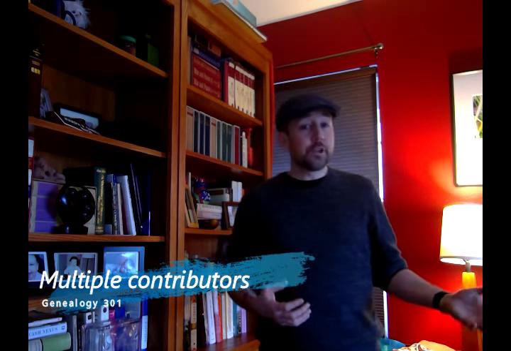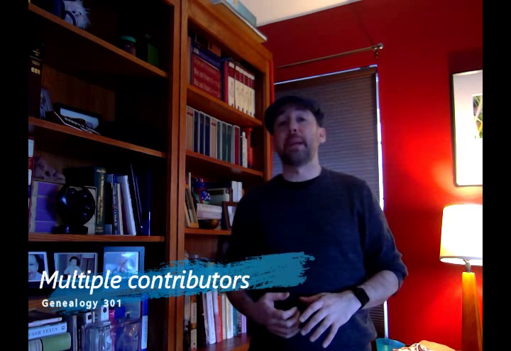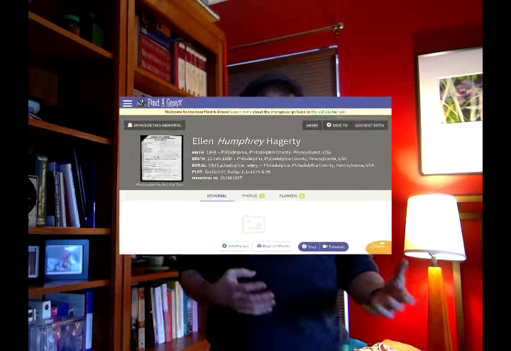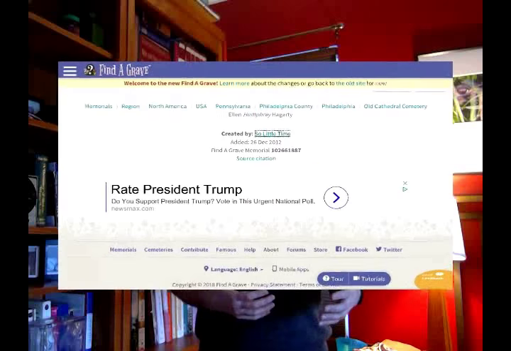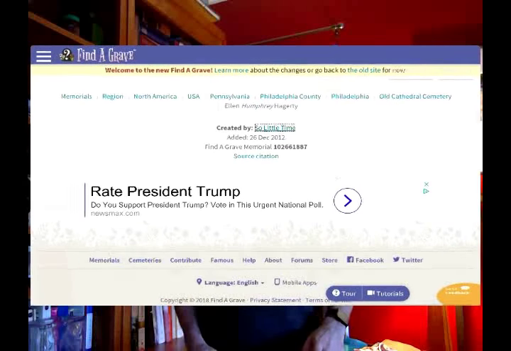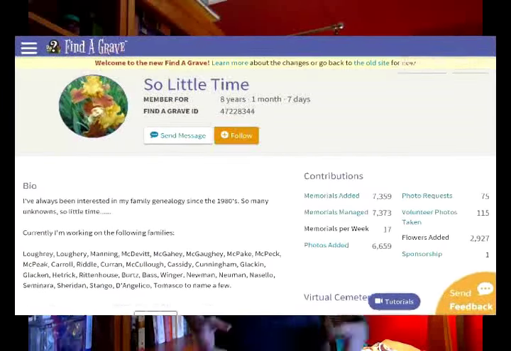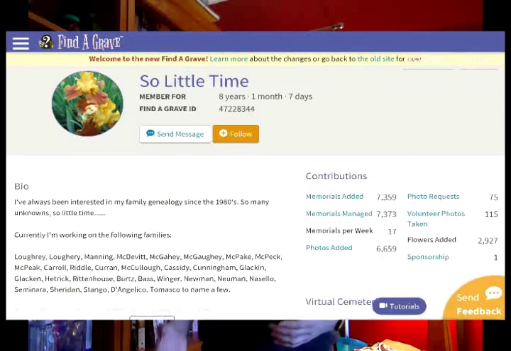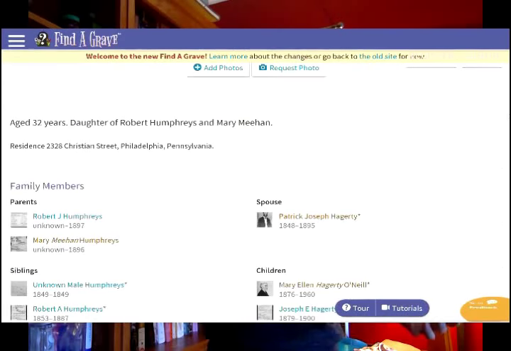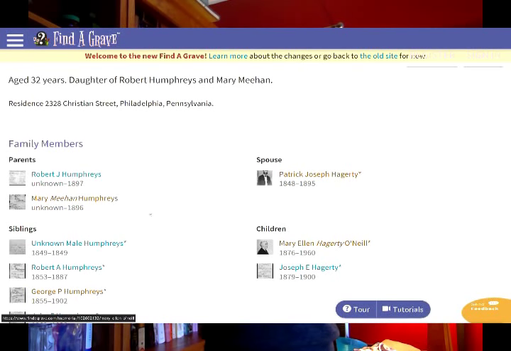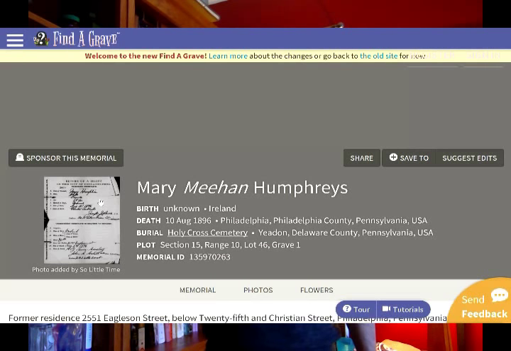That said, other users can contribute additional information to these entries, and there's no way to look at what's changed over time. Consider the memorial for Helen Haggerty, formerly Humphreys, that was created by the user So Little Time. This user has added nearly 8,000 memorials, most from Chicago and Philadelphia area cemeteries. But someone, in this case me, suggested some changes to the memorial at some point, including listing Ellen's mother's maiden name, Meehan.